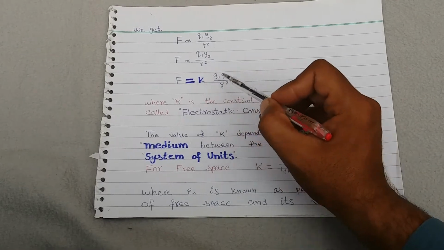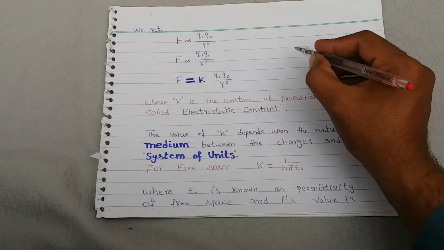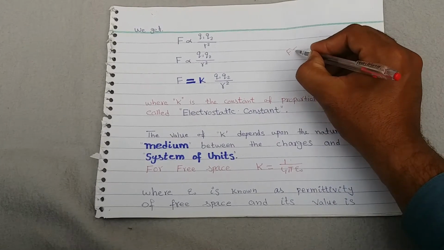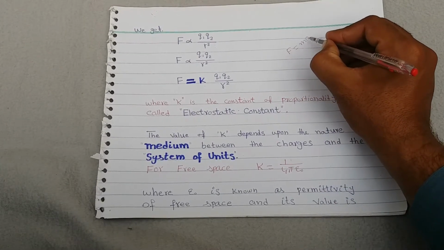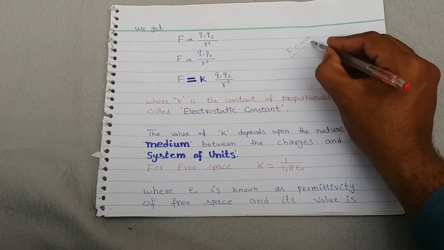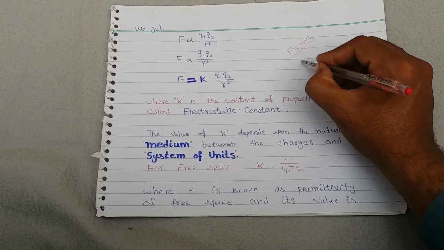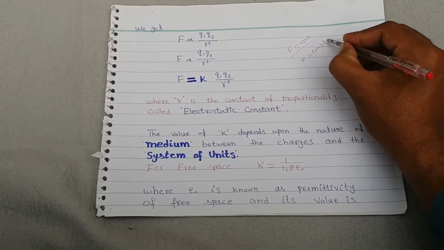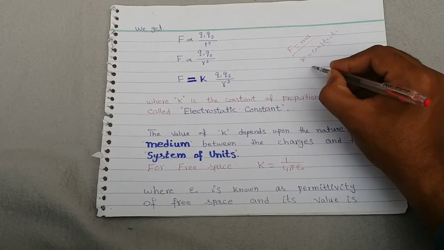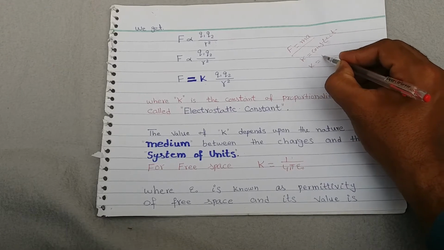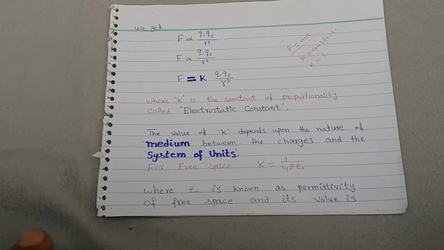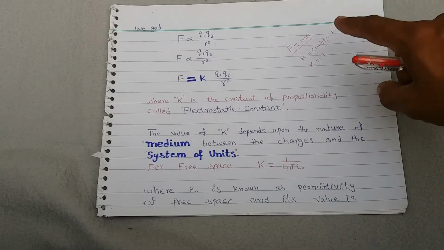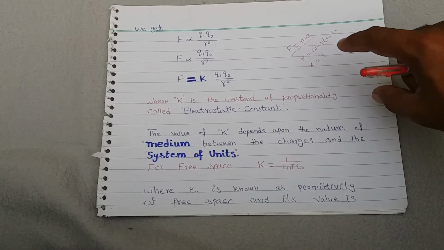In Newton's second law of motion, we say that F is equal to ma. In deriving this equation, we take a constant K, right? At this stage we say that the value of K is equal to 1 according to the SI system, but that was a particular system, a particular reasoning.